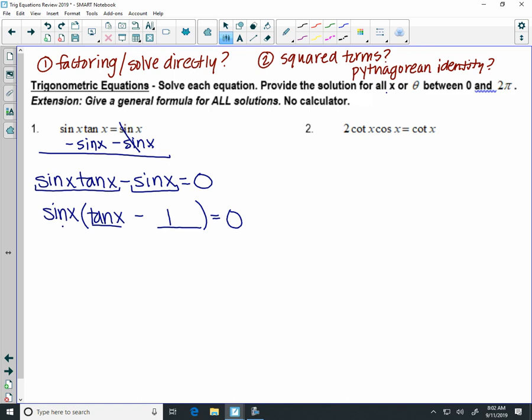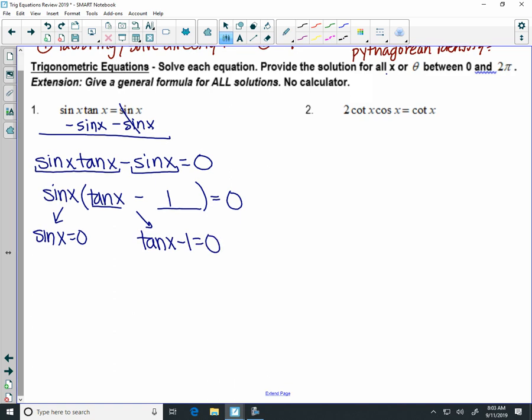Now we can set both of these equal to 0 and solve. Remember, we have to be set equal to 0 in order to factor legally. And now we think, does the unit circle work? Unit circle backwards. Where on the unit circle does this happen?